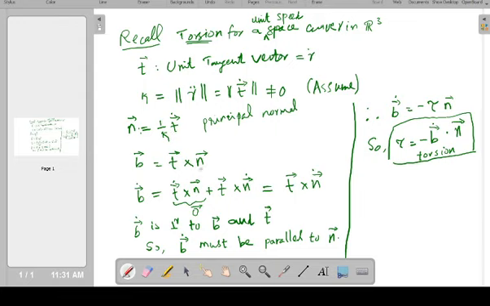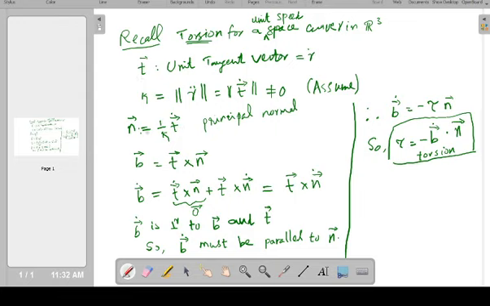So n is a unit vector, t is a unit vector. So t cross n is also a unit vector, because the angle between n and t is pi by 2. Why is that? Because n is defined as 1 by kappa t dot, and t is the unit tangent vector, so t dot is a vector perpendicular to t.